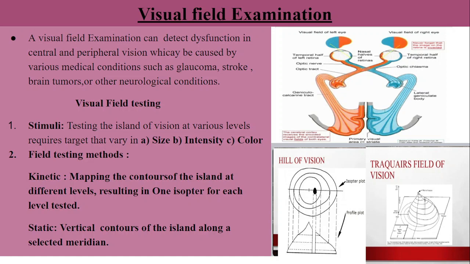By analyzing the patient's responses, the examiner can map out the patient's visual field and detect any areas of reduced sensitivity or blind spots. This information can be used to diagnose and monitor various medical conditions that affect the visual system, such as glaucoma, stroke, brain tumor, and other neurological conditions.